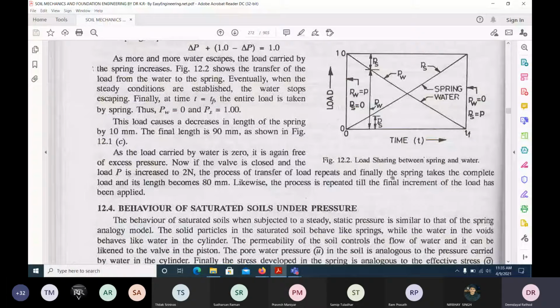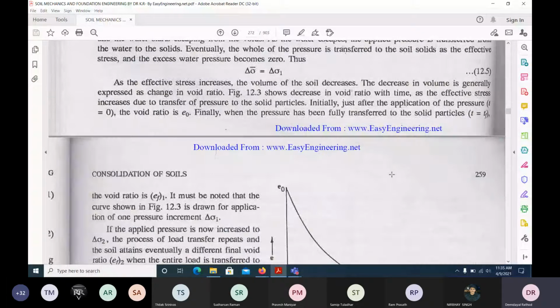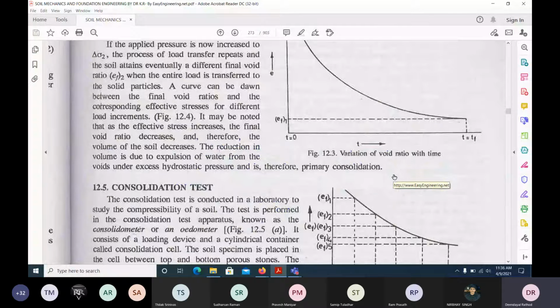Then we have seen how we generally determine consolidation in the laboratory also. Okay. So why do we have to study this consolidation? Because with load, what happens to the soil and how much it will compress, consolidate, and settle.